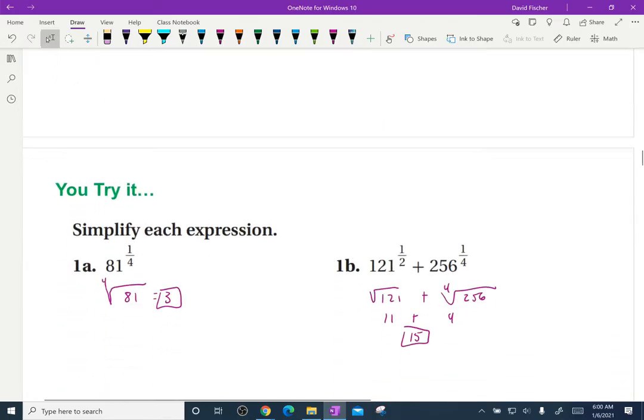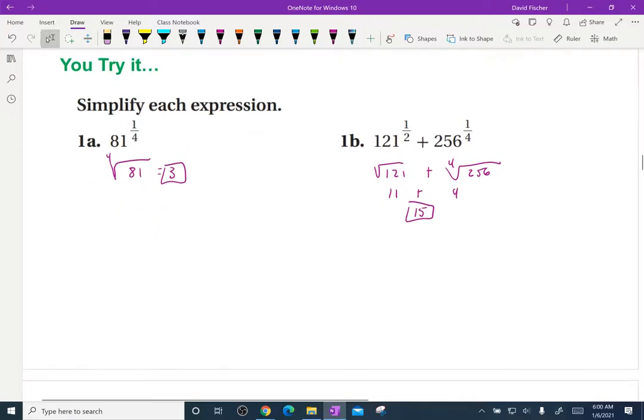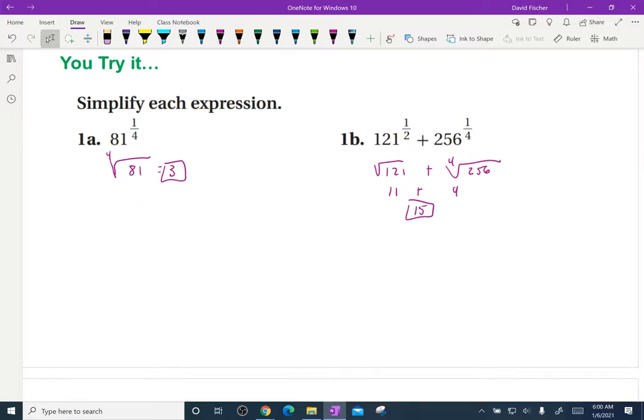Okay, let's see how you did. That 4 should have been our root, so the fourth root of 81 would be 3. That's basically saying if I took 3 times 3 times 3 times 3, I'd get back to 81. Okay? Over there on 1b, I put square root of 121.